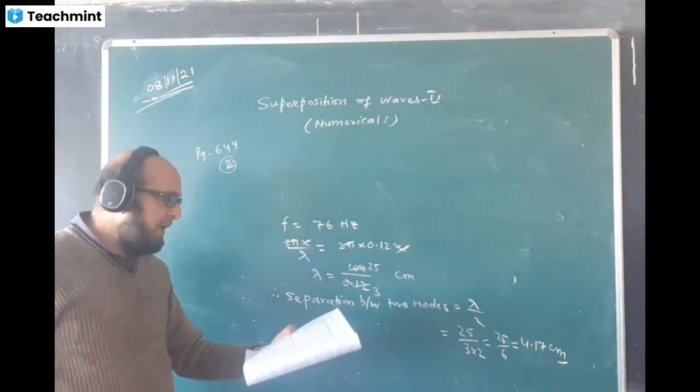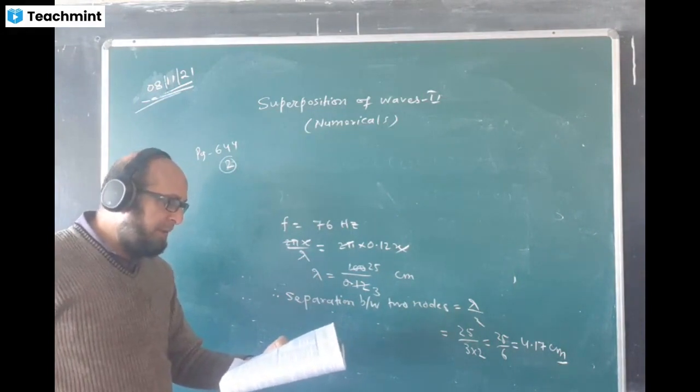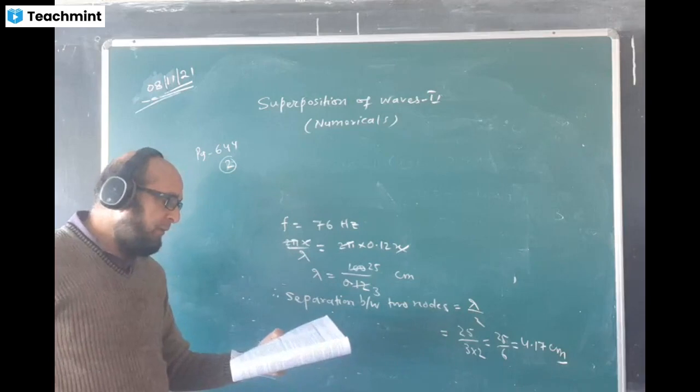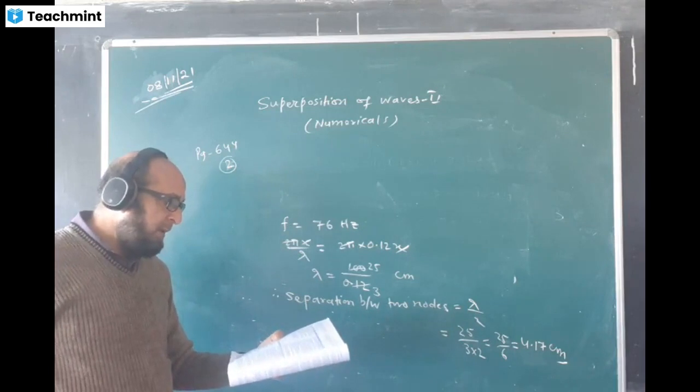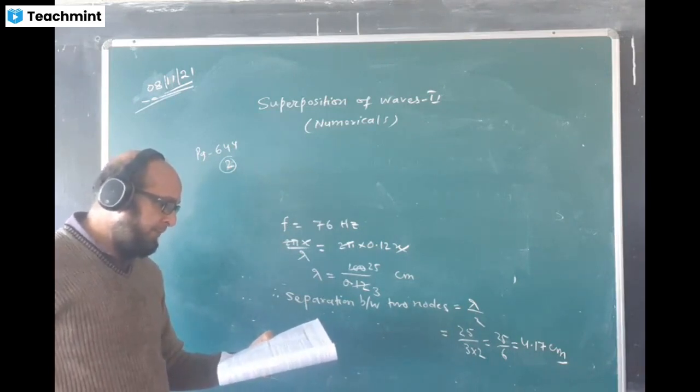Question says a sitar wire is under tension of 40 Newton and length between two bridges is 80 centimeters. A sample of 4-meter wire has a mass of 1 gram. If the wire is plucked at one end, how long will it take for the resulting disturbance to reach the other end? Okay, you have to find time.